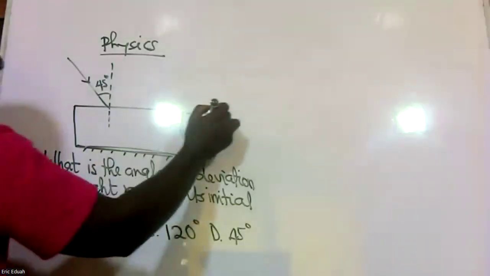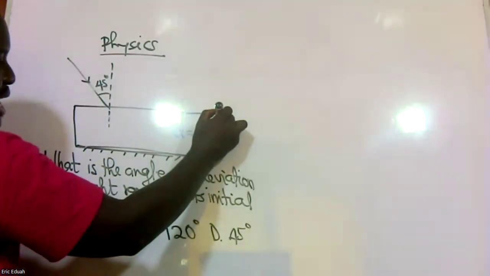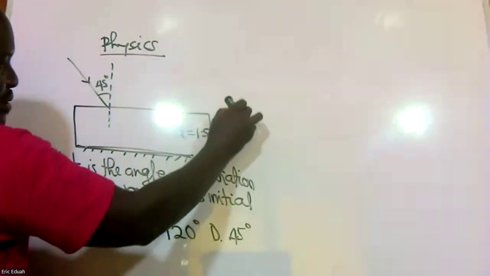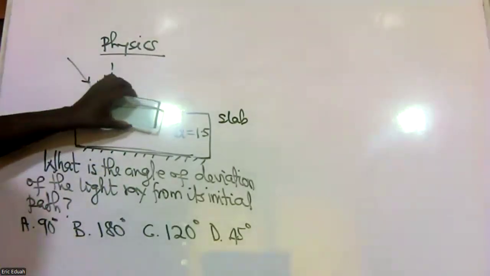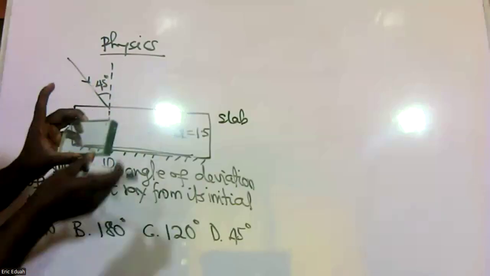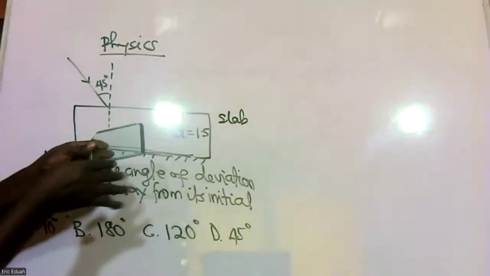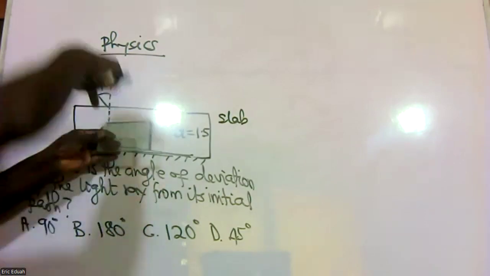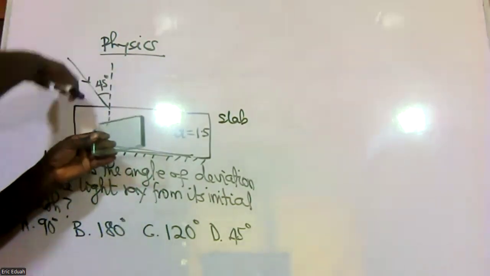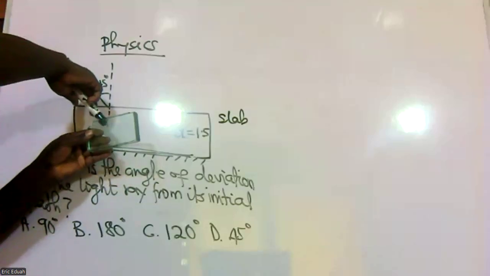This is a glass prism or slab, and as I told you earlier, the glass slab is just like this. The only difference is that one side of it is coated to look like a mirror. Light is incident at the other end at an angle of 40.